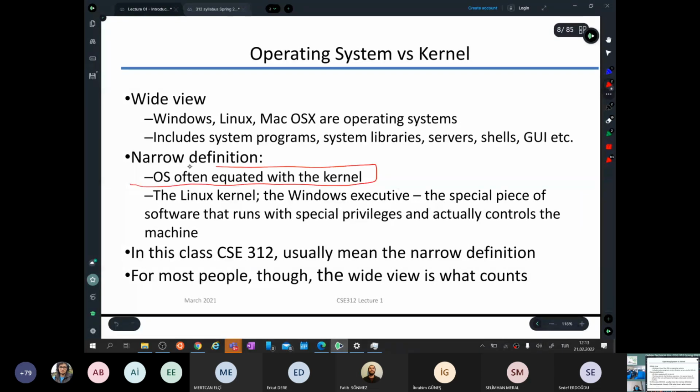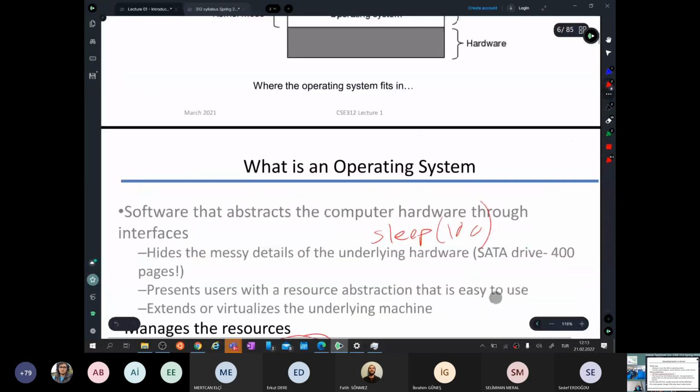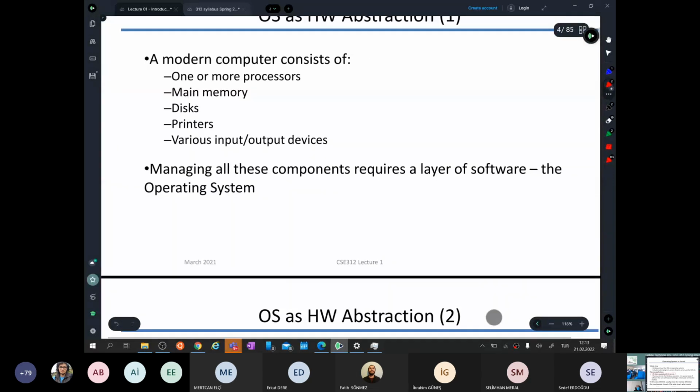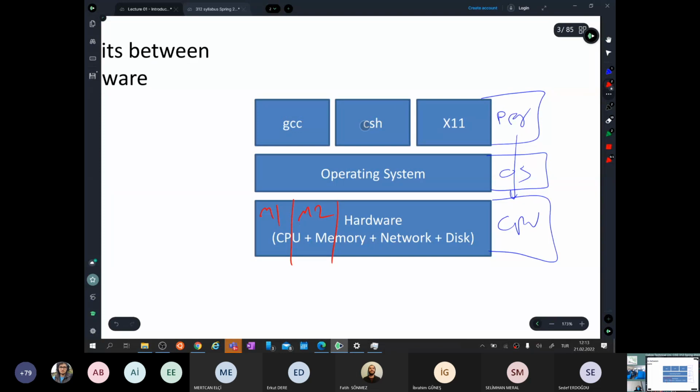Remember the kernel mode? Kernel mode is the privileged mode that can do anything that it wants. For example, in this case, C shell is part of the Linux operating system.